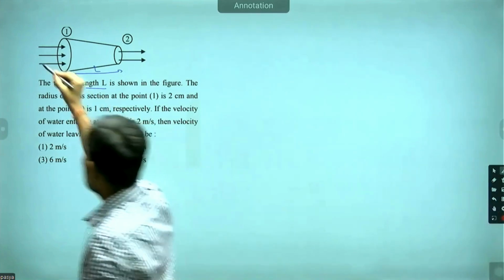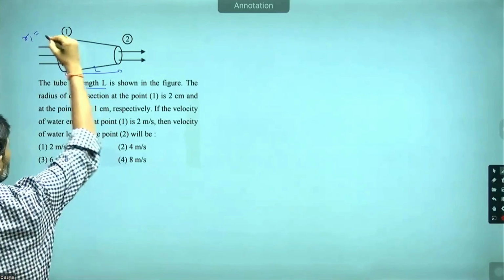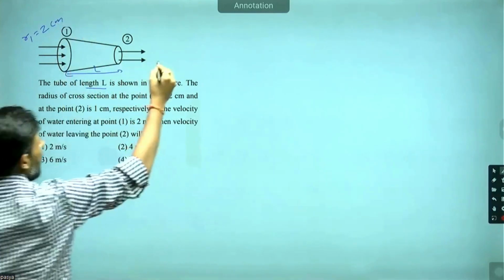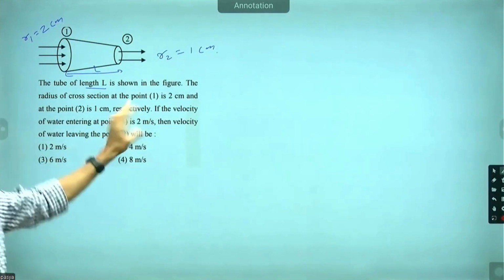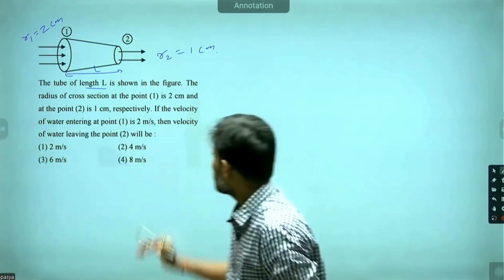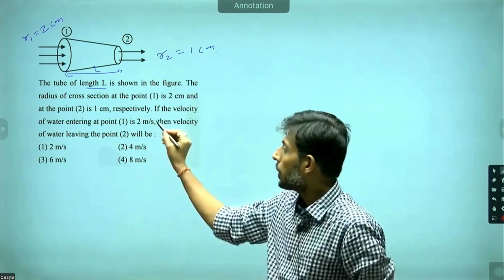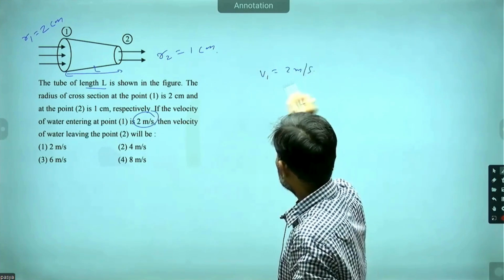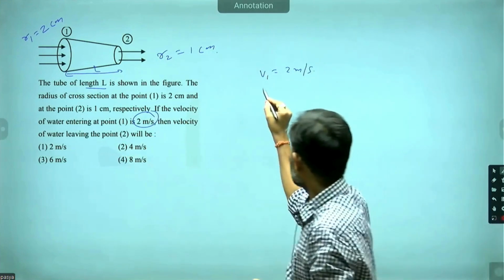Sorry, R1 is 2 centimeters and R2 is 1 centimeters, respectively. If the velocity of water entering at point 1 is given, so V1 is also given as 2 meters per second. Then the velocity of water leaving point 2. So that means we have to find V2.